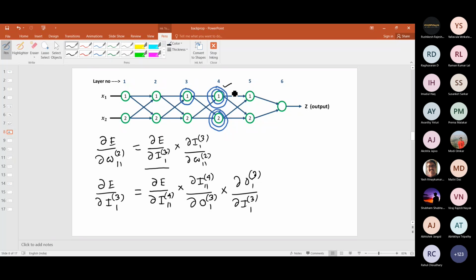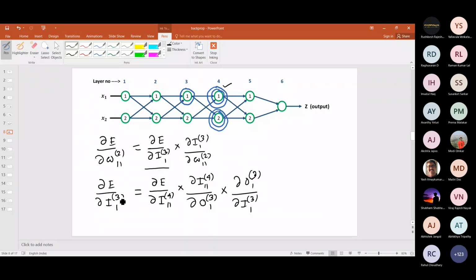I can write it down in this way: del E with respect to del I411 of this particular neuron. I41 is influenced by O31 of this particular thing, and then O31 depends on I31. So this is the way I can write it down. This is for this particular neuron only.